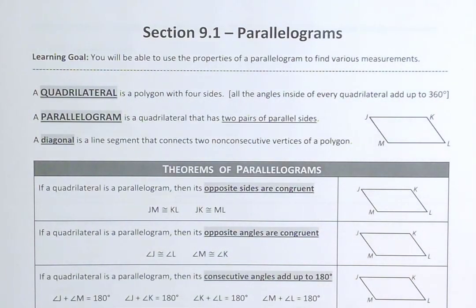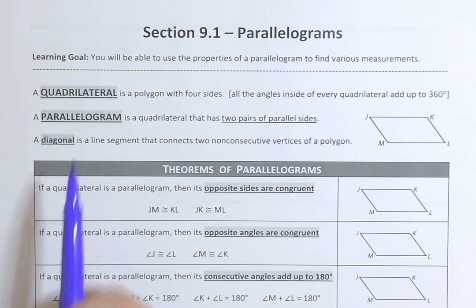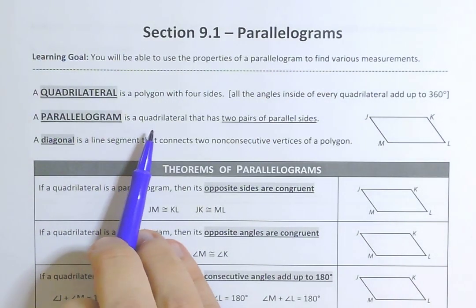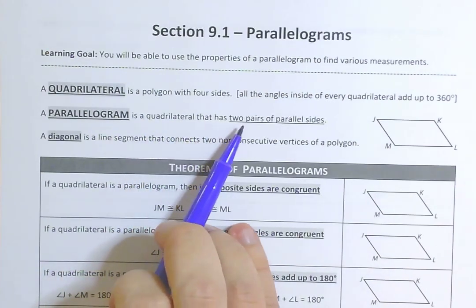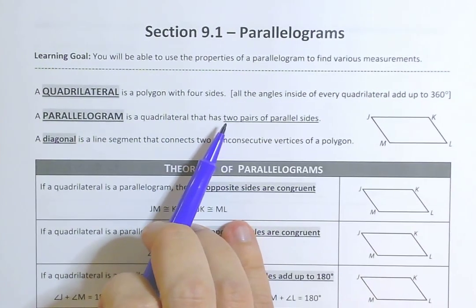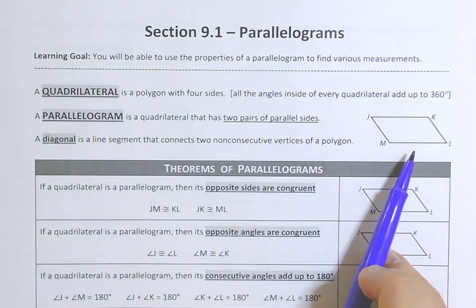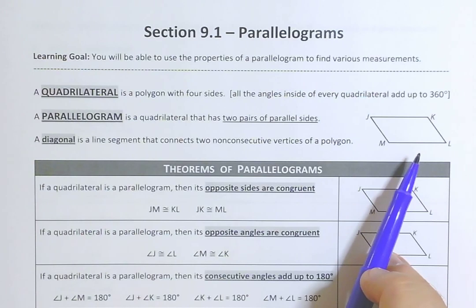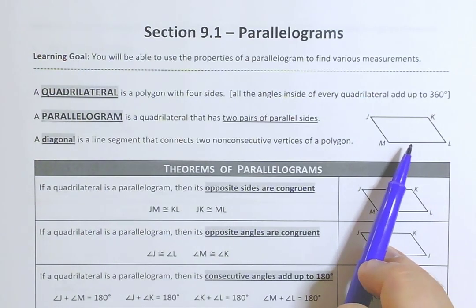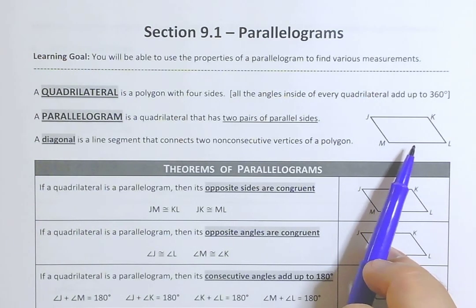All right, for today, we are specifically looking at parallelograms. A parallelogram is a quadrilateral, a four-sided shape, that has two pairs of parallel sides. If we look over here to the right, this would be an example of a parallelogram. JKLM is a parallelogram because it's a four-sided shape and it has two sets of parallel sides.